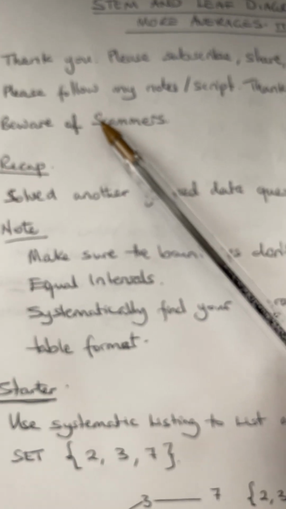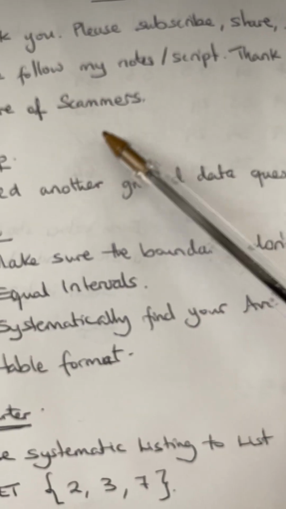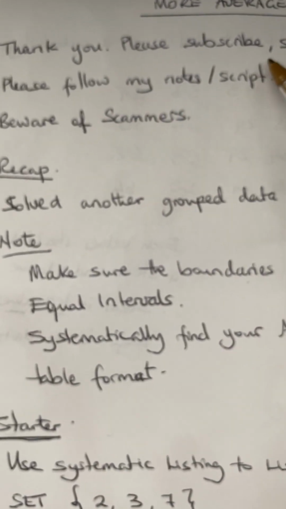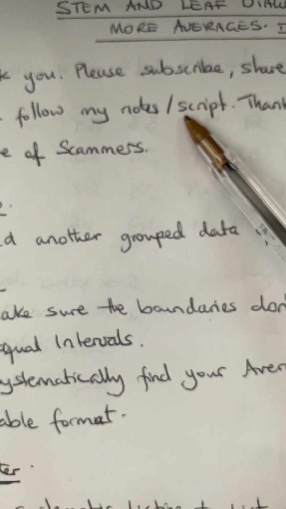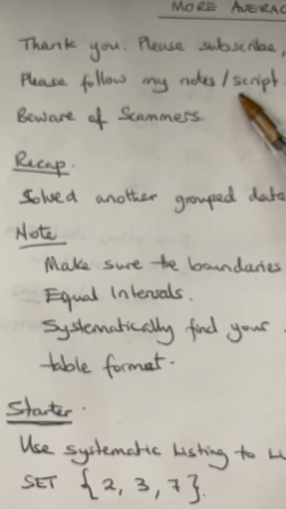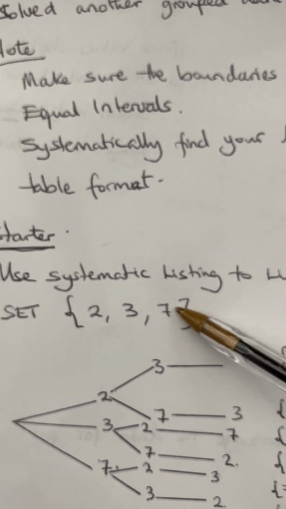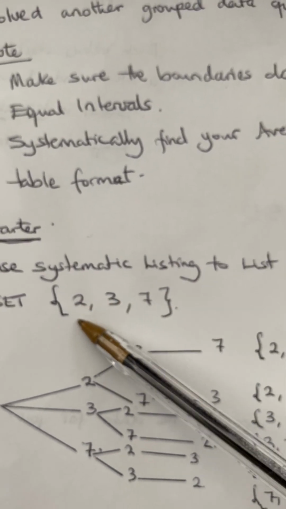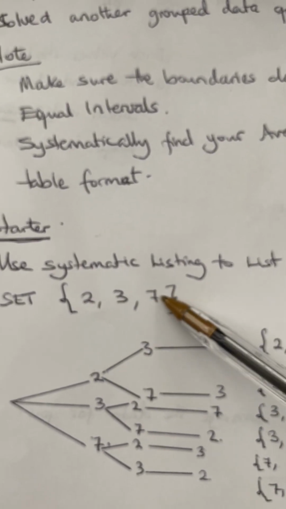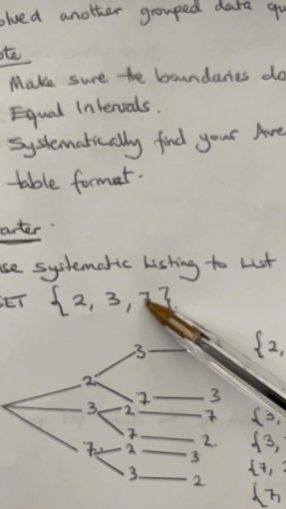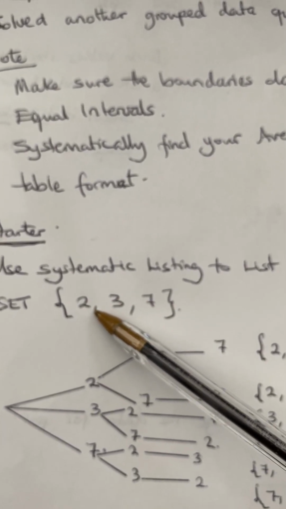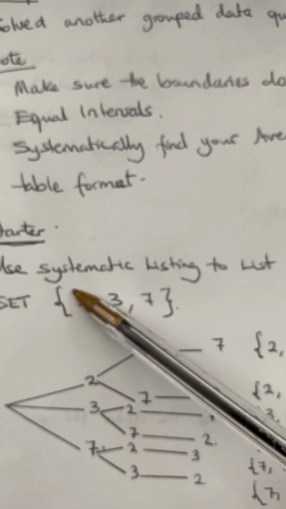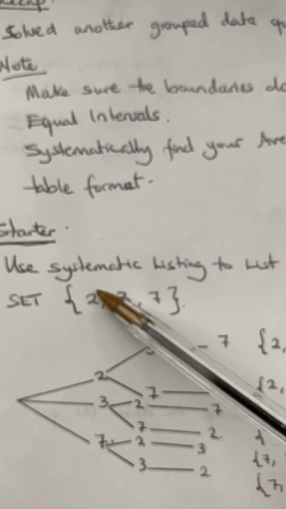I normally write in the comment section, please follow my notes and script. What I mean is, for instance, if this set is 2, 3, and 7, if I'm explaining something about 2, then it's a 2.